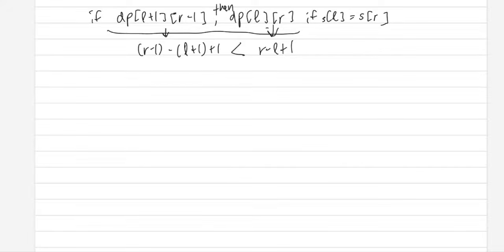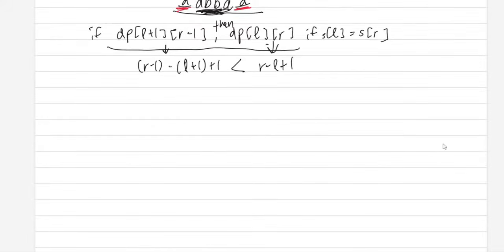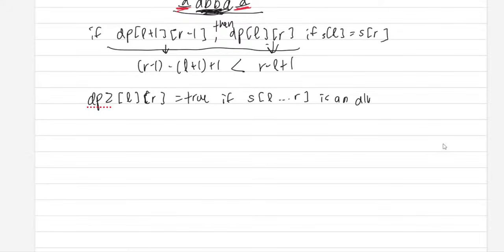So let's define another DP array, DP2 of L and R, that we're going to use with DP of L and R. That is going to be true if S of L and R is an almost palindromic substring. So in this case, you want to consider deleting one character from the DP L and R string and seeing if that matches the current string.